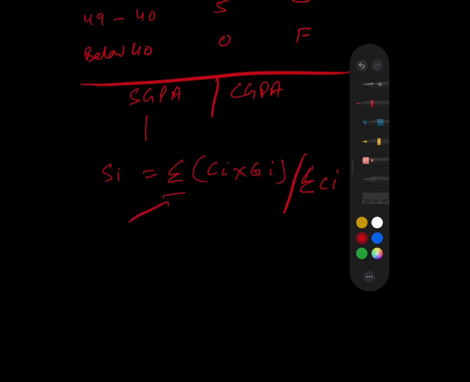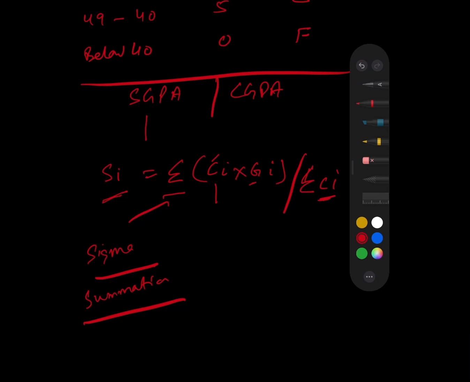This sigma, Greek letter, means summation, total of product. Now here, look at these terms. Ci is the credit of, say, the first course, Gi the grade of the first course, upon the total number of credits. This is how the SGPA will be calculated.